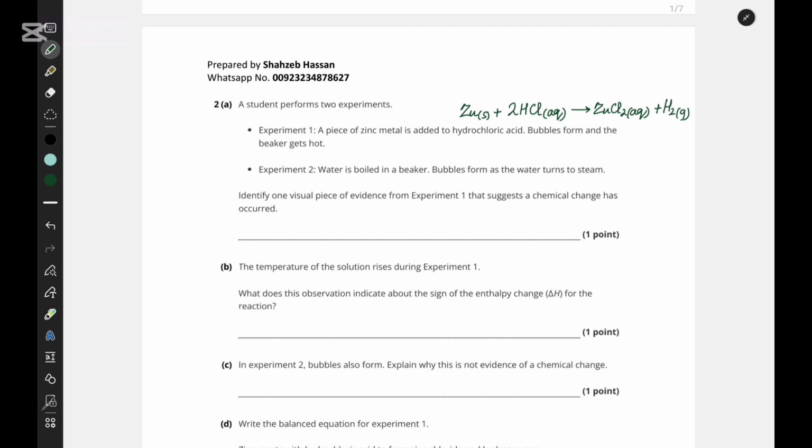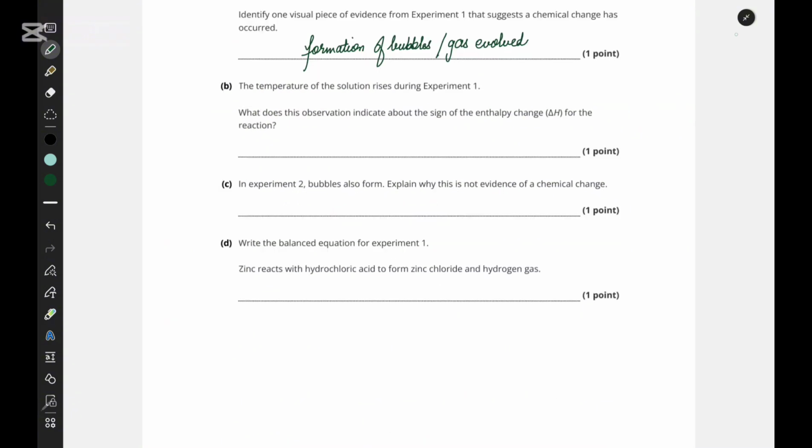When a gas is formed, there is going to be the formation of bubbles, which shows that the gas evolved. So this is going to be the physical evidence that a chemical change has occurred.